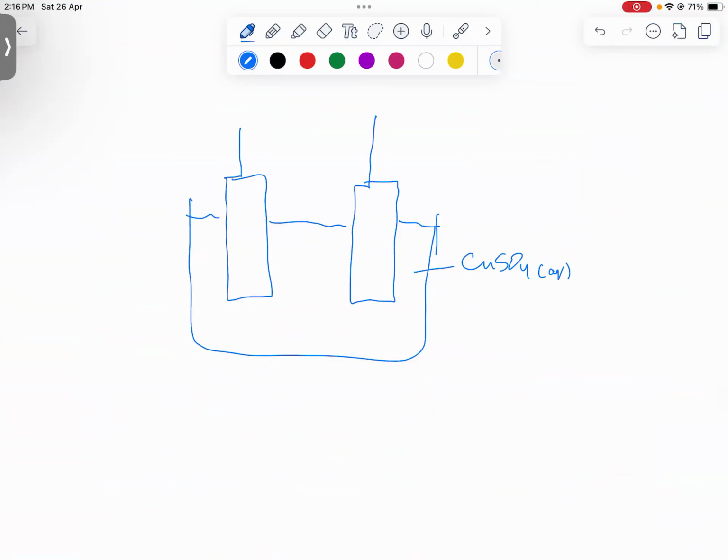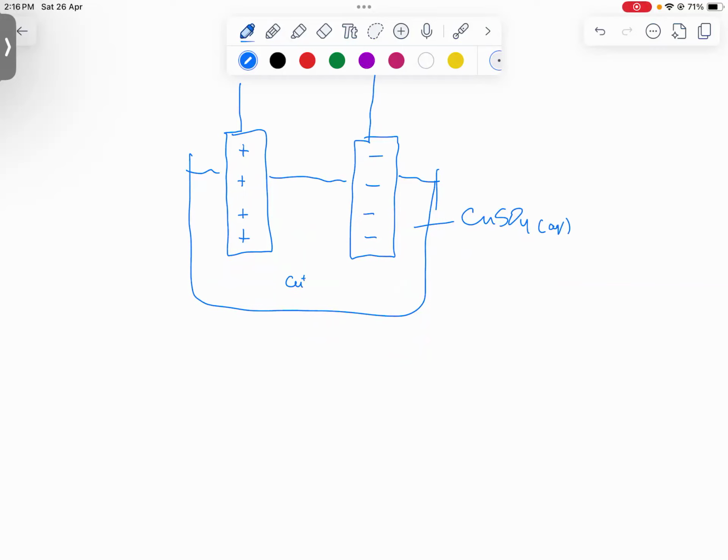That doesn't really matter right now. This is the graphite anode. Anodes are positively charged, you should know that. And this is the graphite cathode. Cathodes are negatively charged, you should know that. Now there are Cu2+ ions, H+ ions, SO4 2- ions, and then there are hydroxide ions. These four ions are in the solution, right?